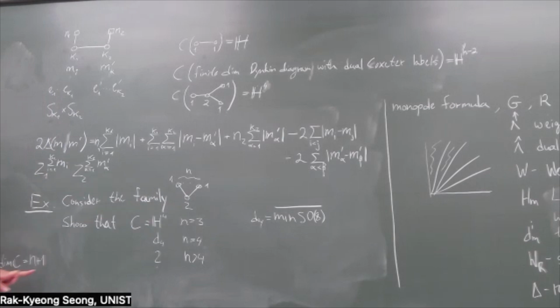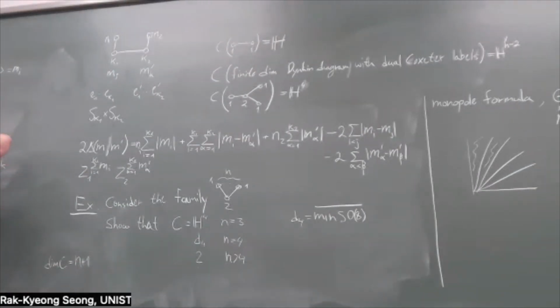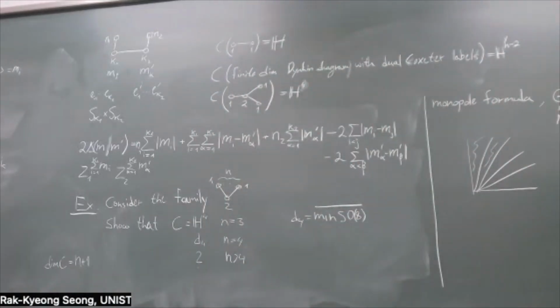That's the quaternionic dimension. And as a result, I'll have n plus 1 sums. And I need to decide which sum to perform first. I could write the whole sum, but it's up to me to decide how to sum.